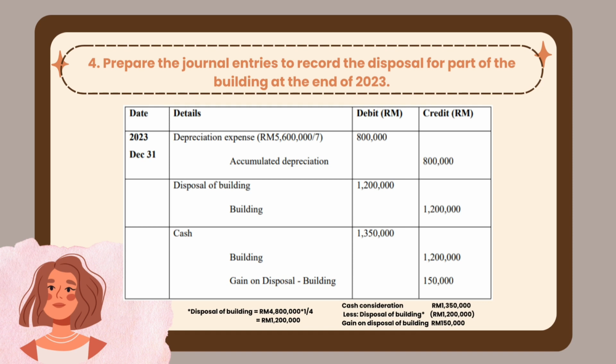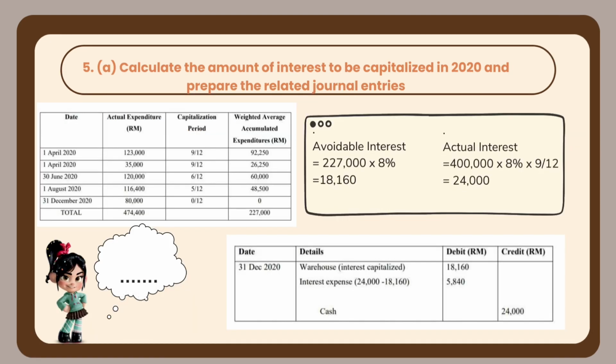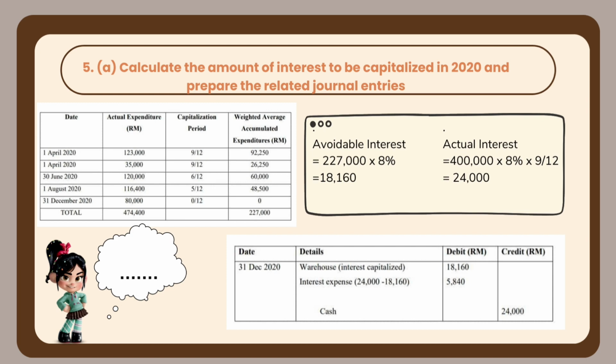The disposal of building is 4.8 million times 1 over 4, and we can get the 1.2 million, whereas the gain on disposal is by cash less the disposal of building, then we can get the gain on disposal, which is 150,000 ringgit.